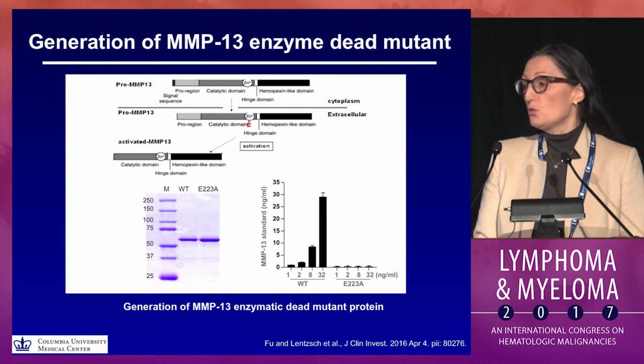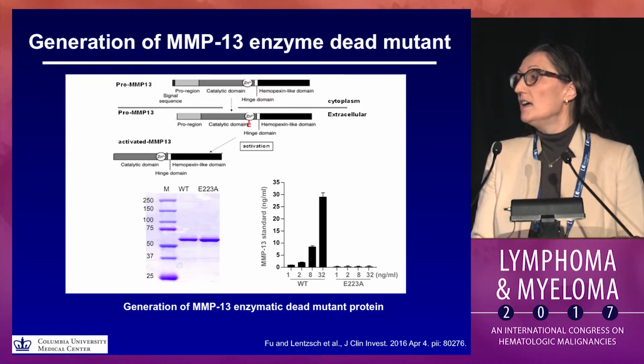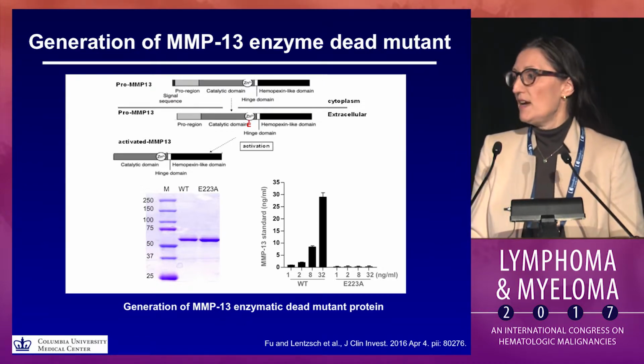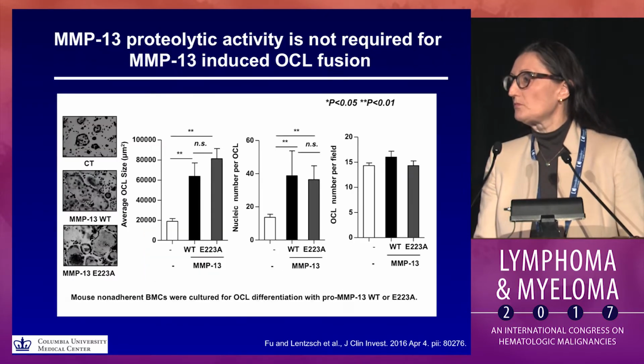So in order to prove that hypothesis, we generated MMP13 enzyme dead mutants. We did a point mutation in the catalytic domain of MMP13. You can see the enzymatic activity of the wild type was maintained, and there was no catalytic activity in the enzymatic dead mutant.